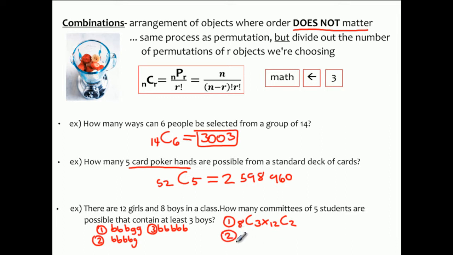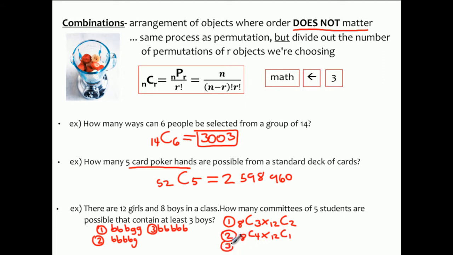The next situation we have to look at is a group of 4 boys and 1 girl. So we have 8 boys choosing 4 at a time, and 12 girls choosing 1 at a time. So 4 and 1 will give us a group of 5, and then we're choosing 4 boys from a group of 8 and 1 girl from a group of 12.